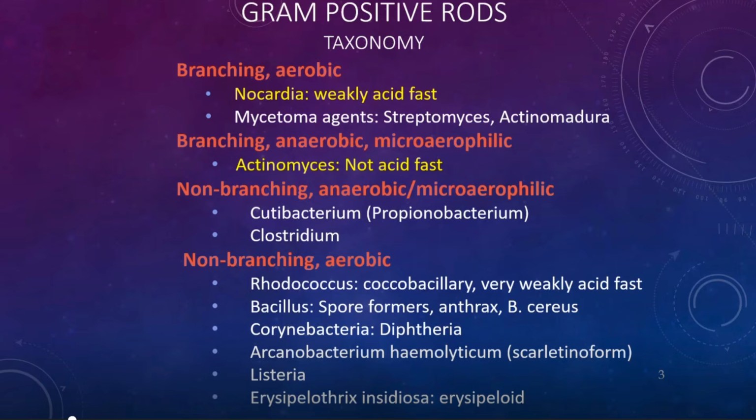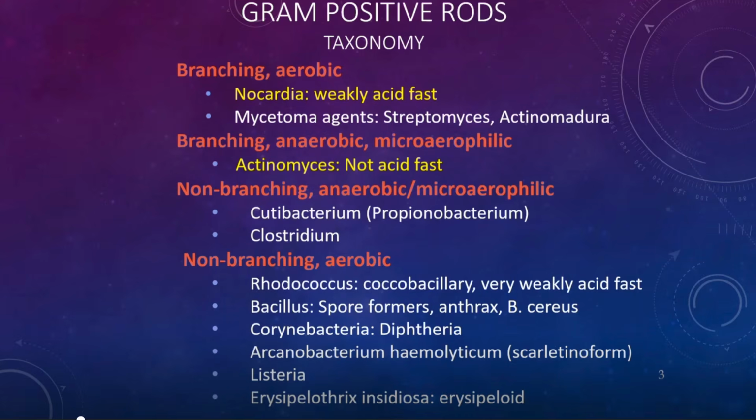So Nocardia and Actinomyces share the fact that they are both branching organisms. But a distinction is that whereas Nocardia is an aerobe, Actinomyces is an anaerobe. Nocardia also stains weakly acid-fast, whereas Actinomyces is acid-fast negative.